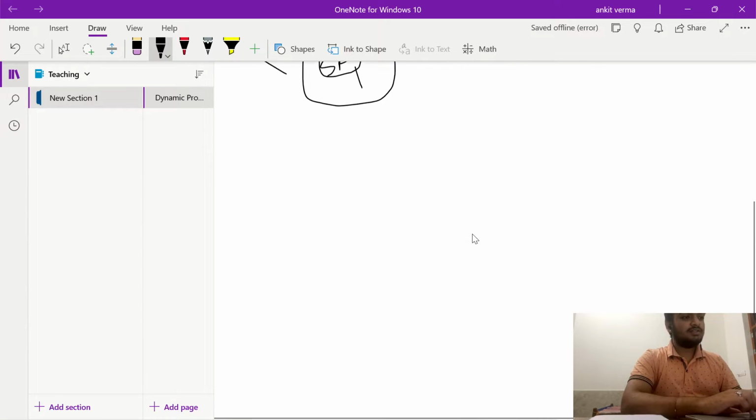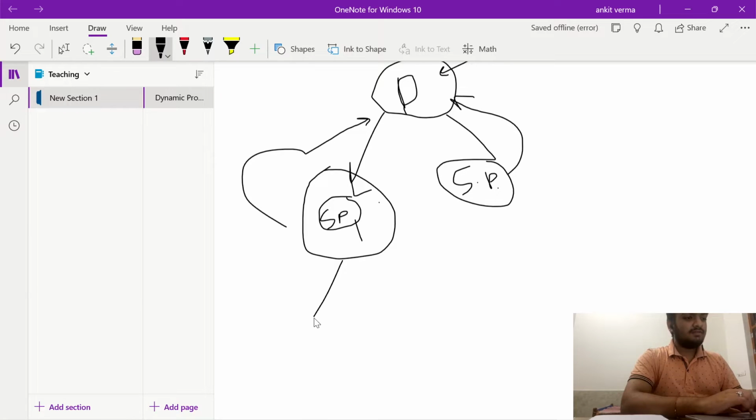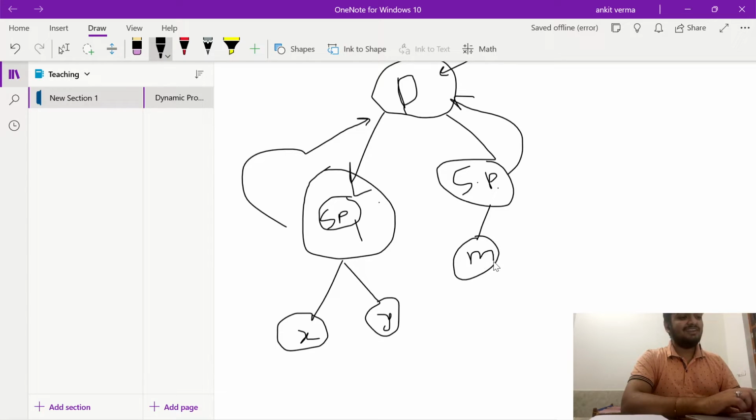If we say the subproblem of this is x, and the subproblem of this is x and y, and the subproblem of this is, let's say, I am taking random characters. We don't have to know why you should give this name.